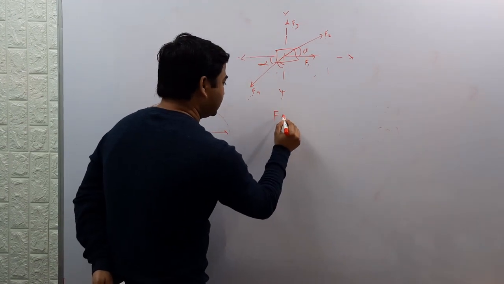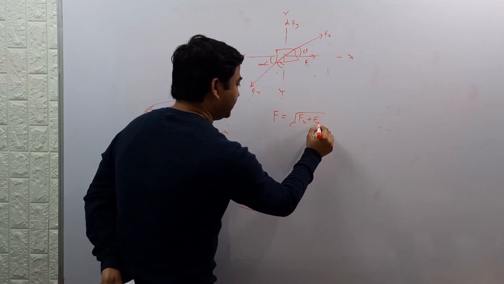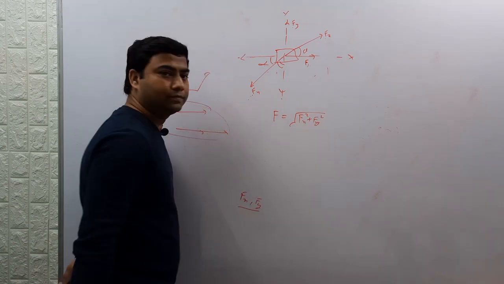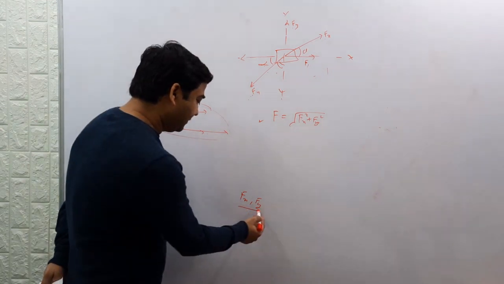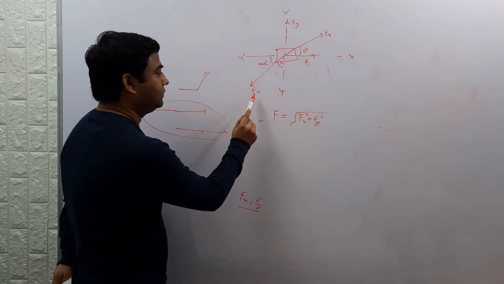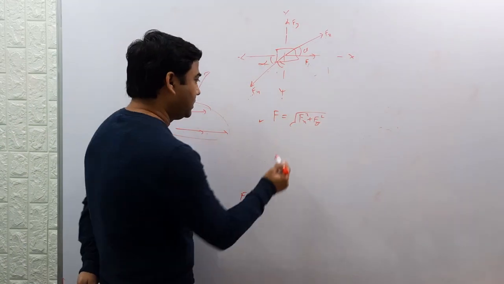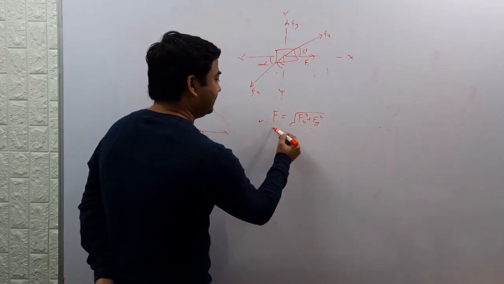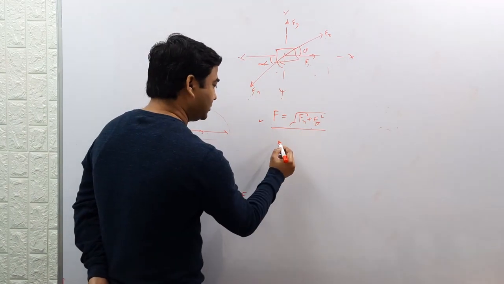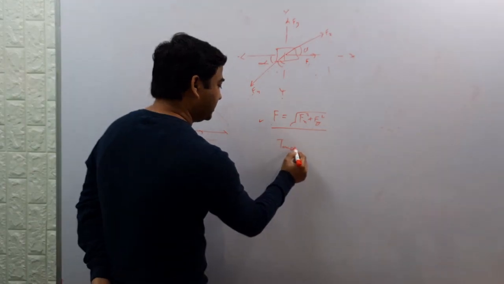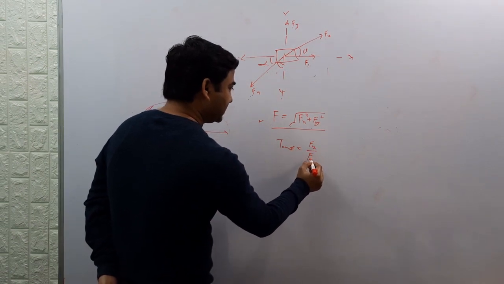So the resultant force will be under root Fx square plus Fy square. Very simple formula. Fx and Fy have been calculated from the given forces F1, F2, F3, theta and alpha. The net force F will be the modulus, under root Fx square plus Fy square, and tan theta will be Fy by Fx.